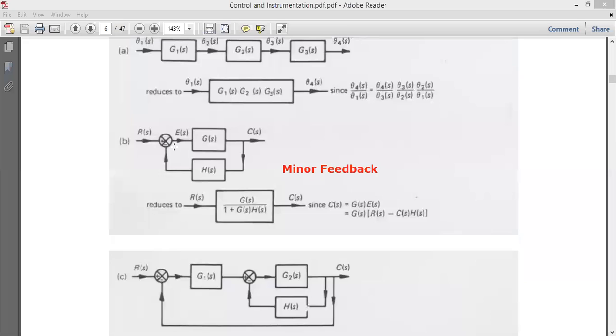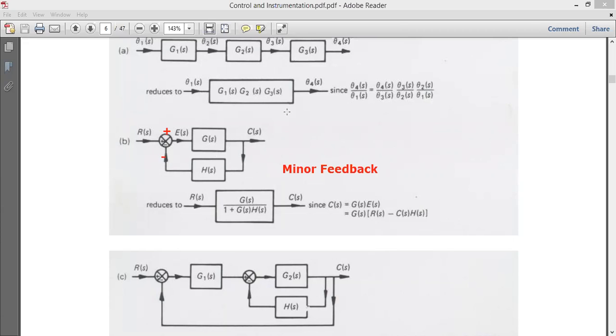If you look at this diagram here, the input R of S has a sign plus, and the second input to the summation, which is coming from H of S, has a sign minus. So this is a small feedback which has one input, one output, one block of G, one block of H, and one E of S, which is nothing but this.